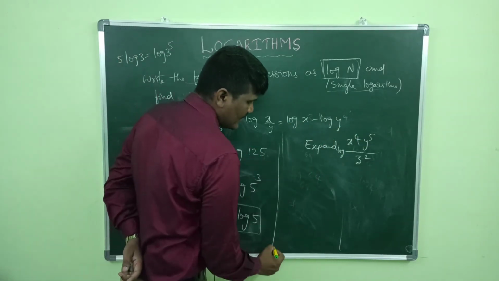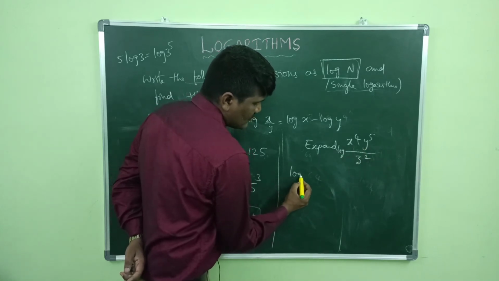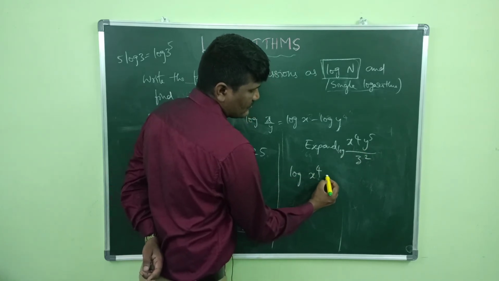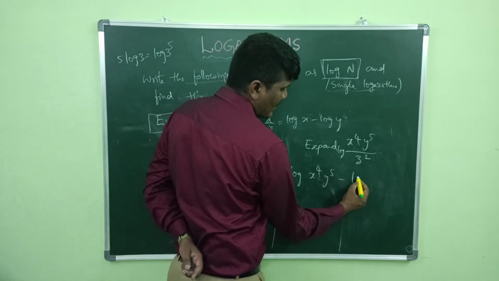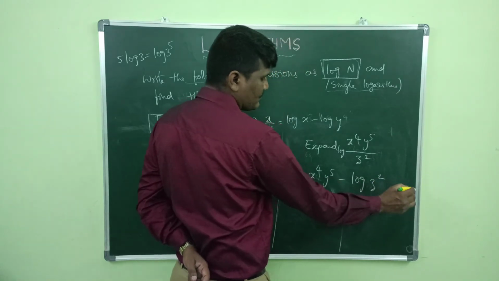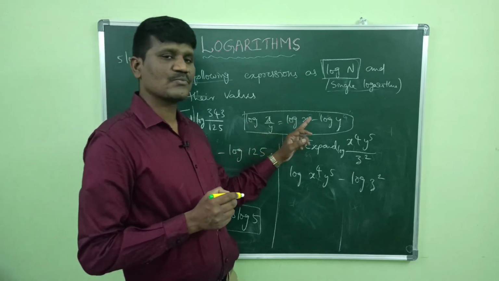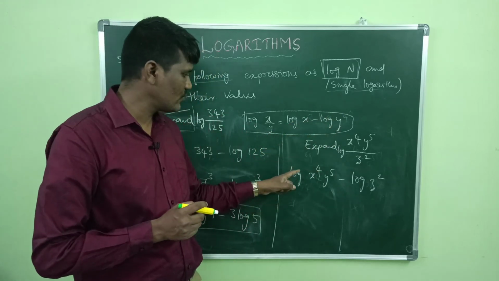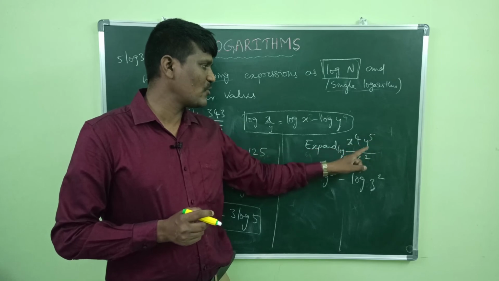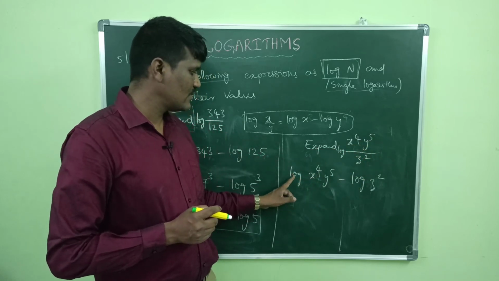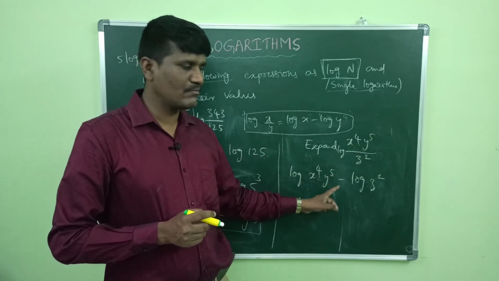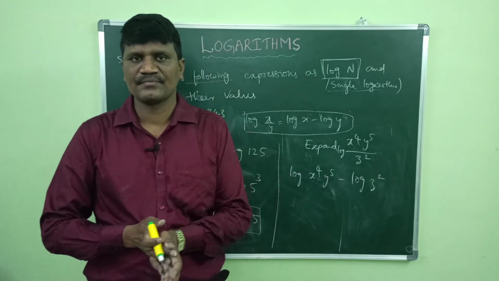So log of x power 4 y power 5 by z square I can write as log x power 4 y power 5 minus log z square.